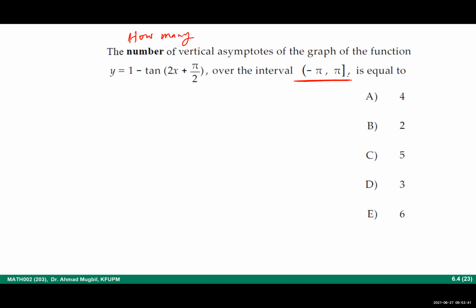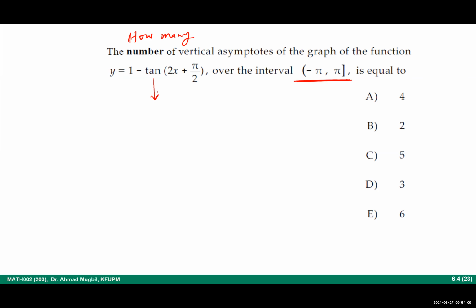Try to think about how many vertical asymptotes this function has in this interval. Be careful. It is open at negative pi, closed at pi. And of course, what is the function that, if we put it here, the answer will be the same?